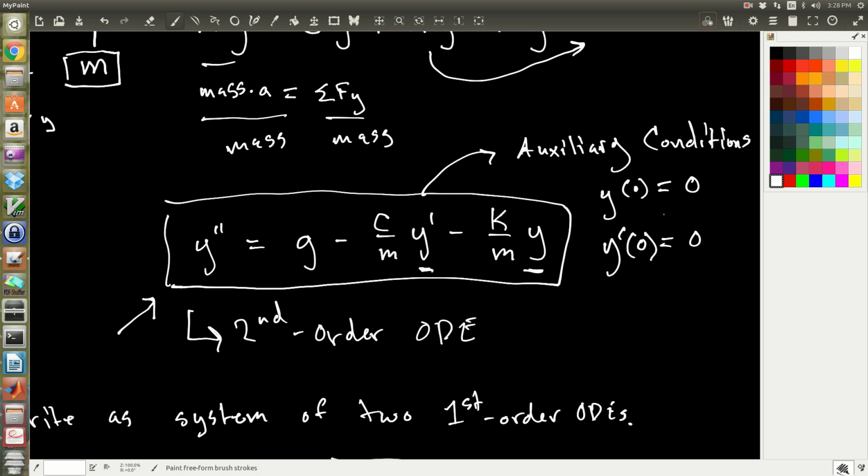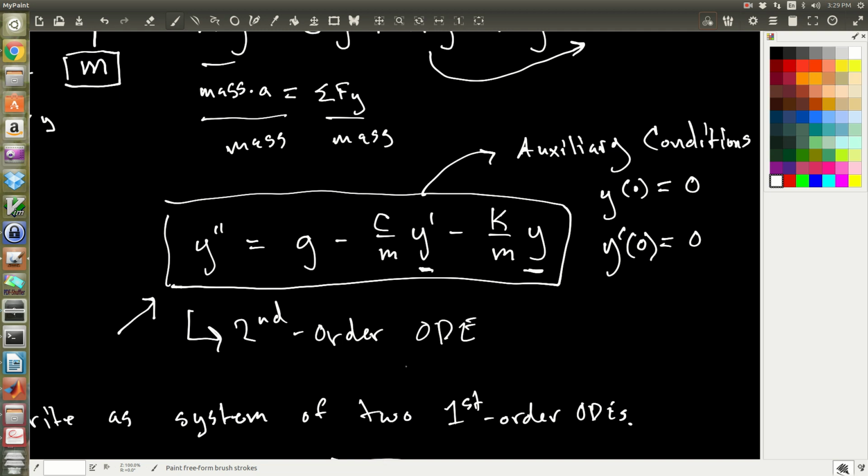Now I could change these initial conditions to model different scenarios, like what if I push the mass down and give it some initial velocity, or what if I stretched it away from its equilibrium position and then just let it go. That would correspond to some non-zero initial displacement with an initial velocity still equal to 0.